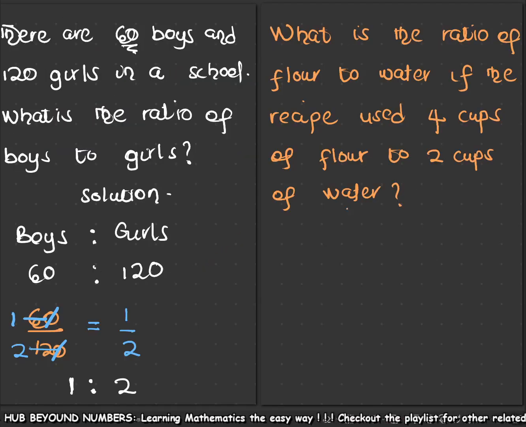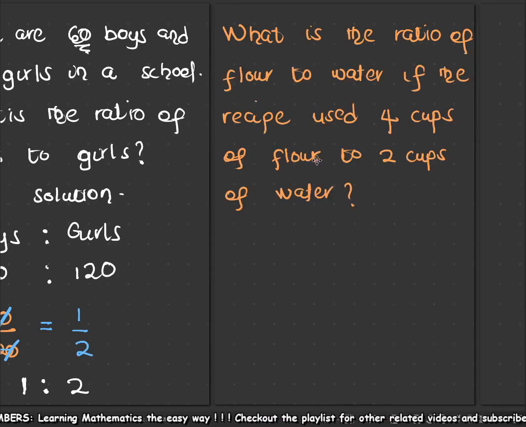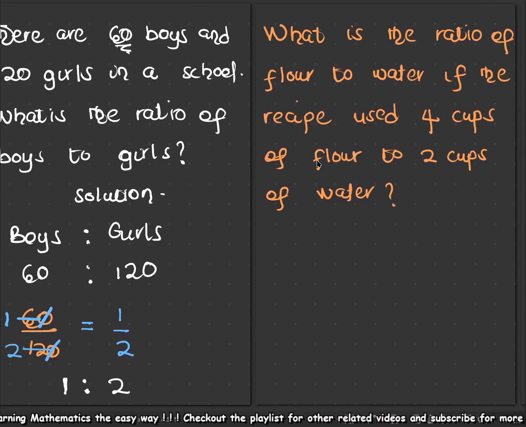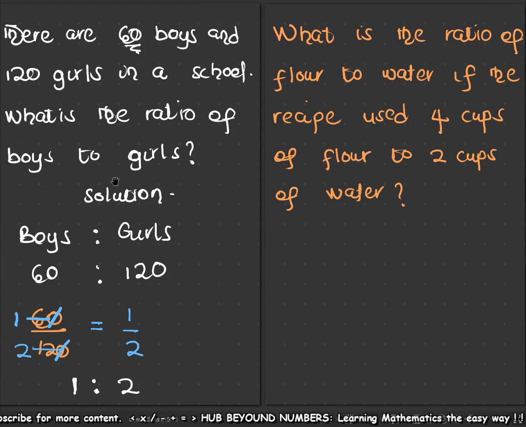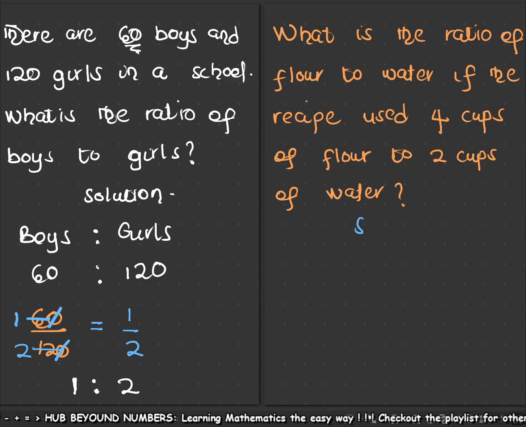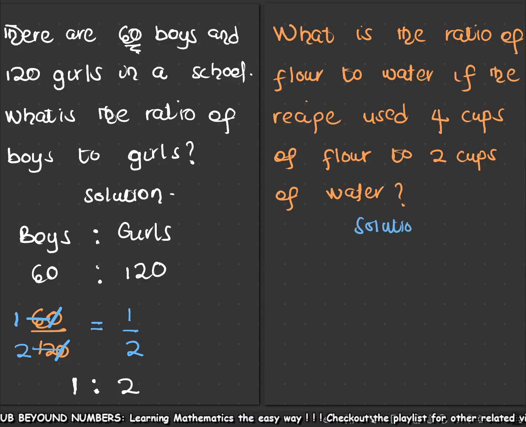Let's look at another example to enhance our understanding. This second question says, what is the ratio of flour to water, if the recipe uses 4 cups of flour to 2 cups of water? So how do we go about it? Our solution: looking at the question, it says, what is the ratio of flour to water?